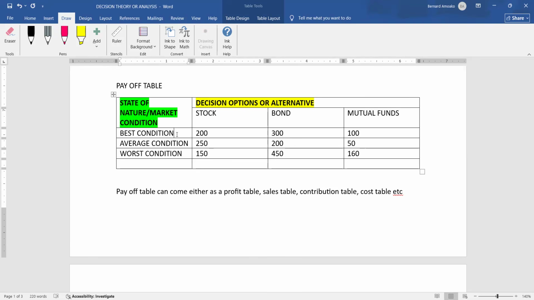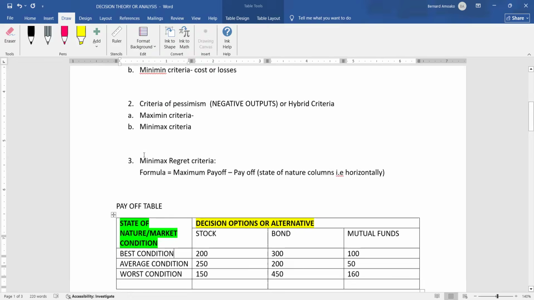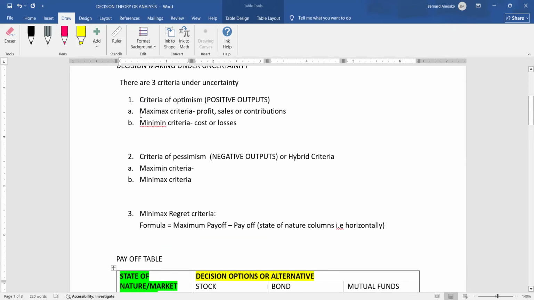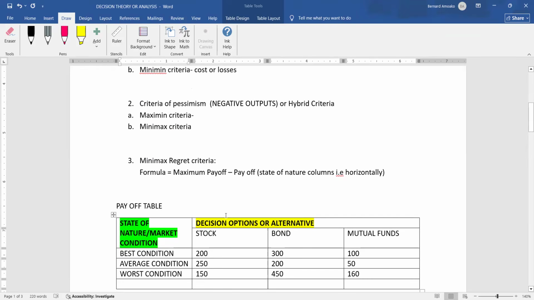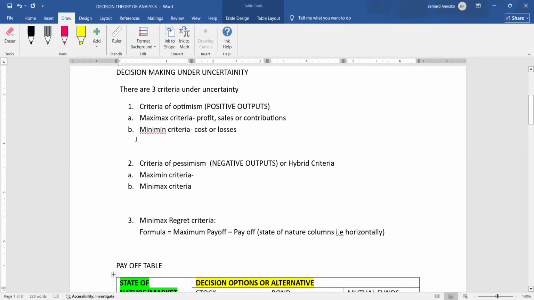before you. Now, when it's already fed with the items like this, and the decision is horizontal, and the state of nature is vertical, and then you are asked to determine the maximax criteria or the criteria of optimism. Assuming this is a profit table or a contribution table, once you are asked to look at the criteria of optimism, since you've had a profit table, it means that you are going to do the maximax.